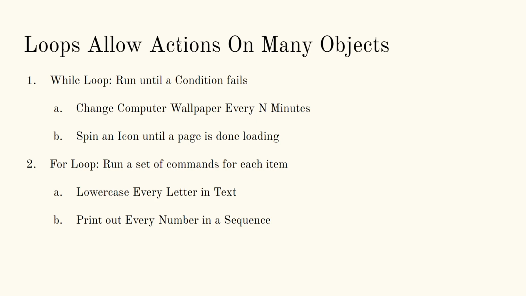A for loop is a loop we use to run a set of commands on a sequence or an array or a collection of things. So an example would be lowercase every letter in this piece of text, or print out every number in a sequence between 0 and 10.